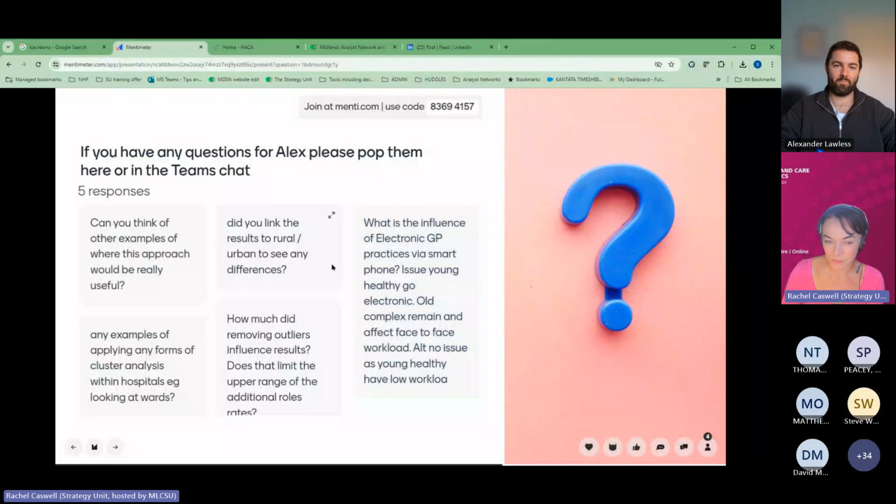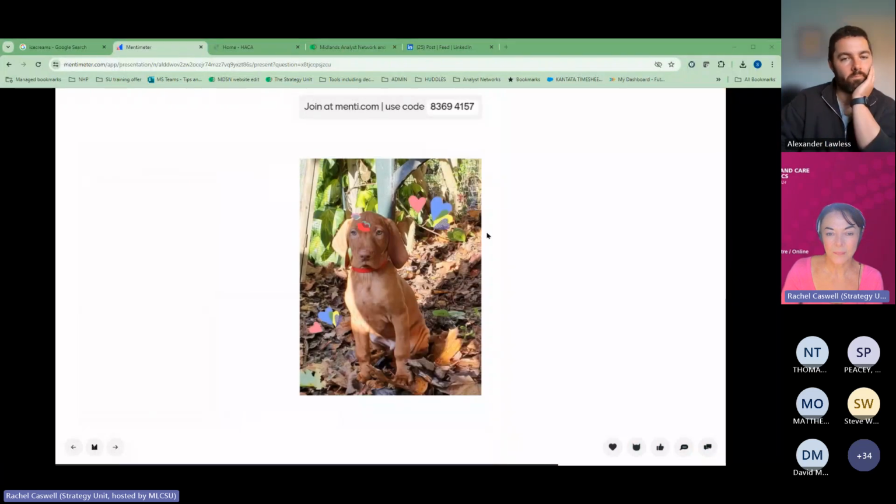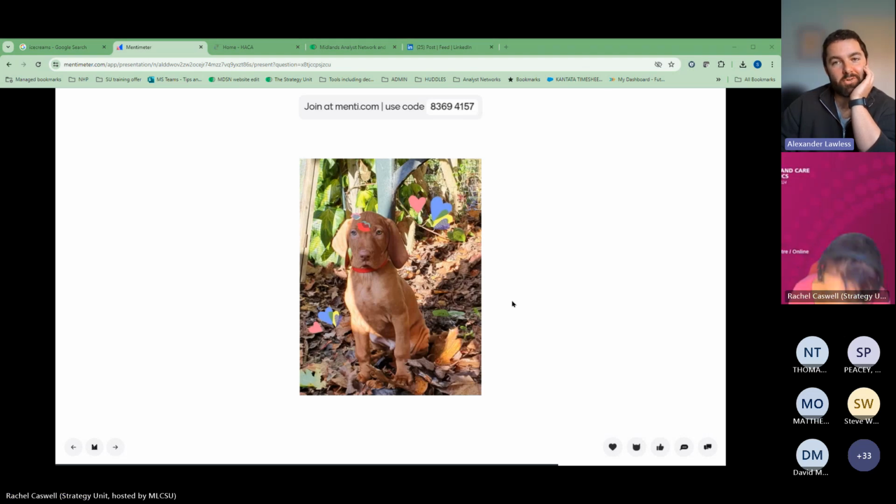So I'll just move on. I'll just share my screen again, just to finish up, and then if people are still around, we'll say why I am in fact linked to Jamie George. So those were the questions which I'm just going to move on from. Oh, actually, I'm going straight in with it. So, Alex, why am I Jamie George in your eyes? I don't know if there's a way of describing it in a family link way, but essentially Rachel's dog is the sibling of Jamie George's dog.